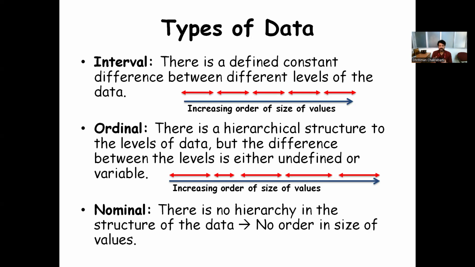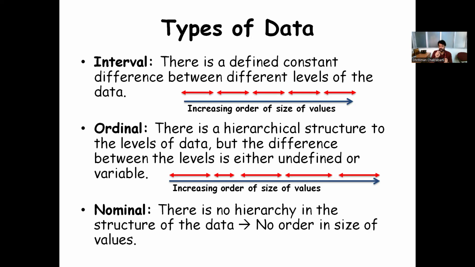Now, other examples of the data that you will be more familiar with is, suppose, VAS, or NRS for pain, or anything like that. You know that VAS, the visual analog scale, is scored between 1 to 10.